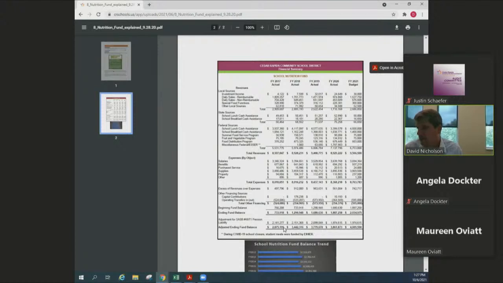It's just on our annual report, but we don't have to book the expenses in our day-to-day operations. It's just on the government-wide reports that we file for our audit. It's not what we send to the state report. It's only the school nutrition fund and daycare funds where we book that.